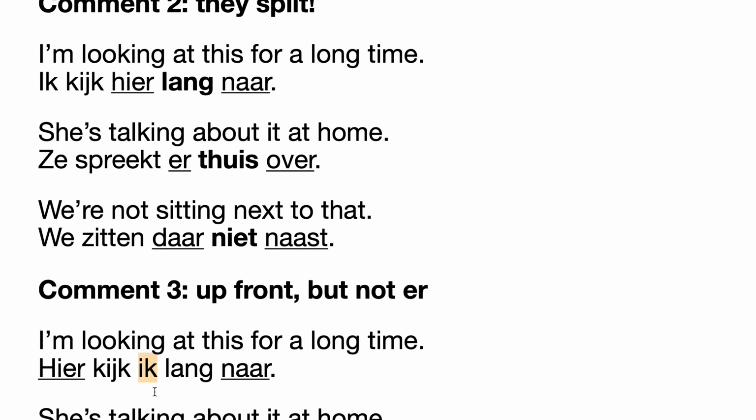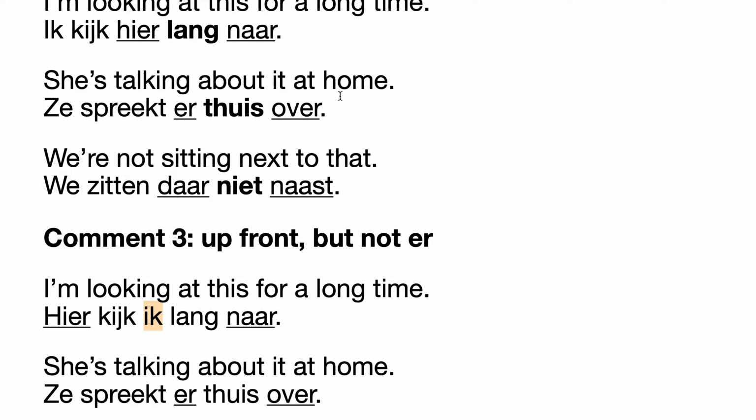Another example. She's talking about it at home. Ze spreekt thuis over. Can the er go up front? No. Only hier and daar can go up front. The er is not allowed to go up front in this case when you're combining it with a preposition.